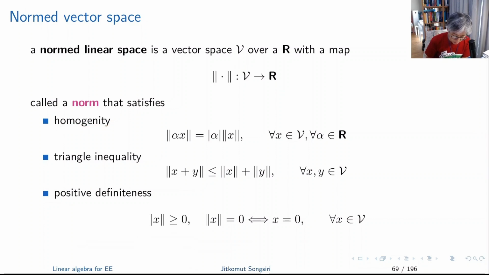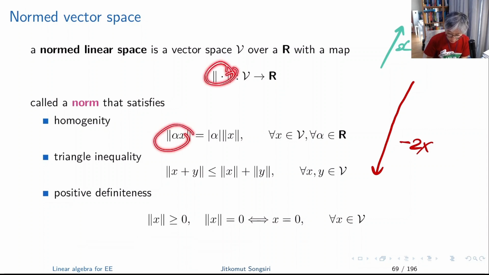What it means is that if you multiply x, you scale it with a scalar alpha, when you measure the norm of the scalar multiple, it's going to be the same as the absolute value of alpha times the norm of x. Well, let me make an example of a Euclidean vector in Rn. Suppose this is x, so minus 2x is going to be something like this, right? So you want to have a measuring system, which is a norm.